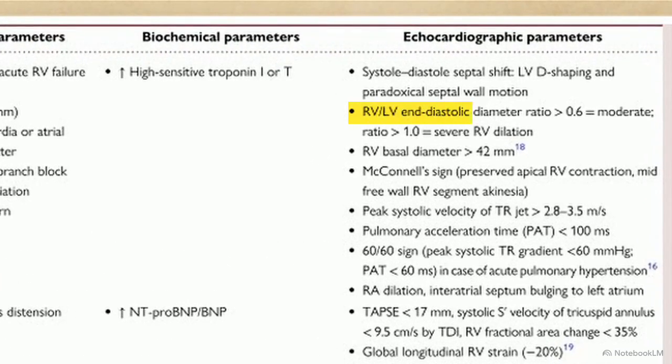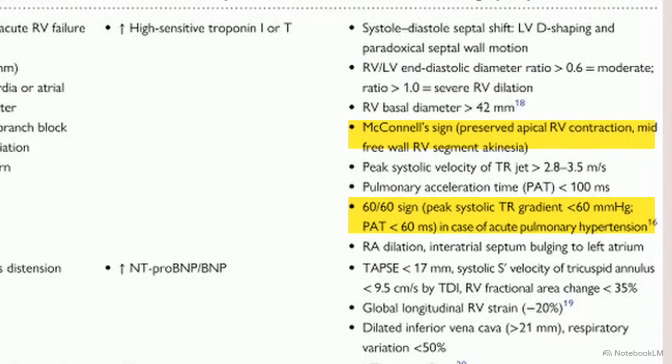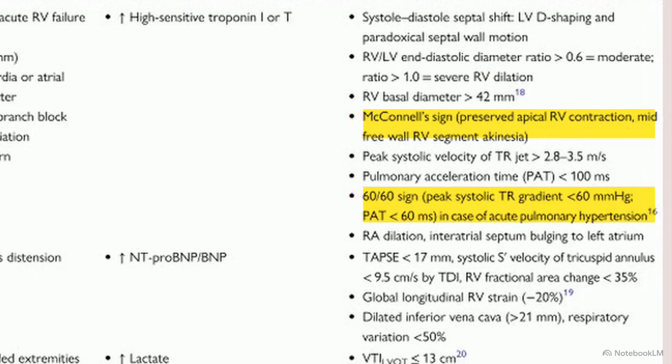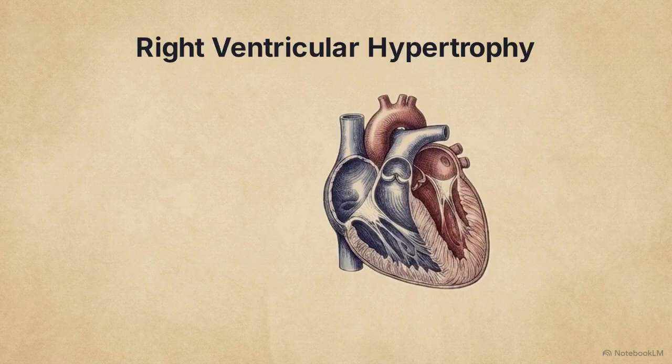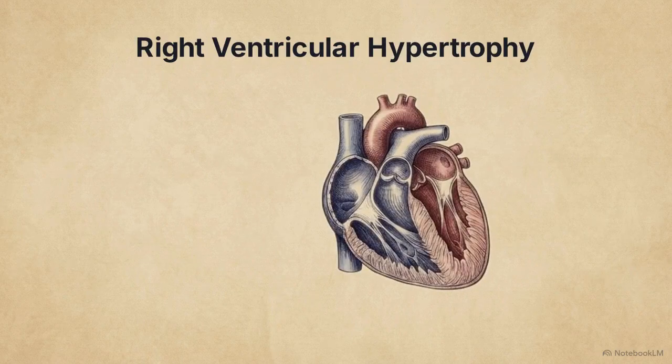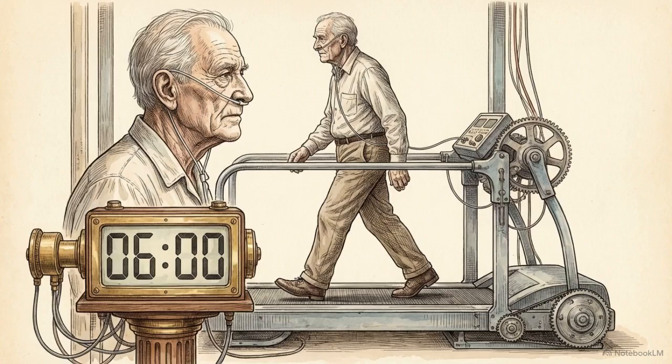The acute profile is defined by sudden dilation with an increased right to left ventricular ratio, preserved wall thickness, and specific imaging signs like the 60-60 or McConnell sign. The chronic profile is identified by right ventricular hypertrophy, where the wall thickness exceeds half a centimeter, and a progressive decline in exercise capacity as measured by the 6-minute walk test.